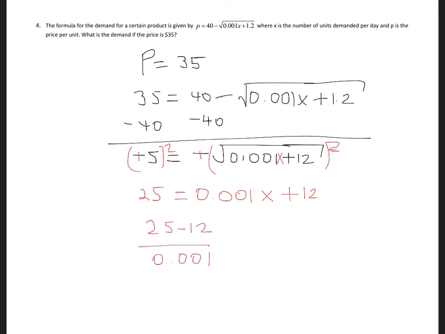This is 1.2, let me fix it. So 25 minus 1.2, and this should give me 23,800. And what are the units? What is this representing? So these are units, and those are the units demanded.